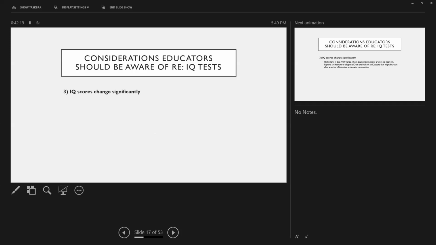IQ can change significantly. We talked about this as well. Particularly in this range where people are considered to be mildly intellectually disabled, diagnostic decisions are not so clear-cut.